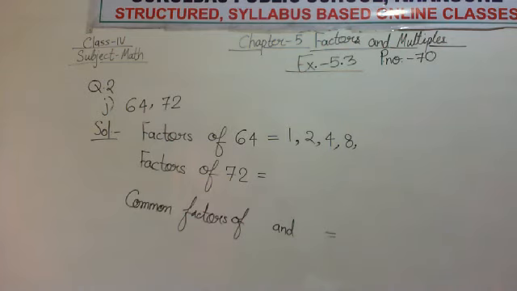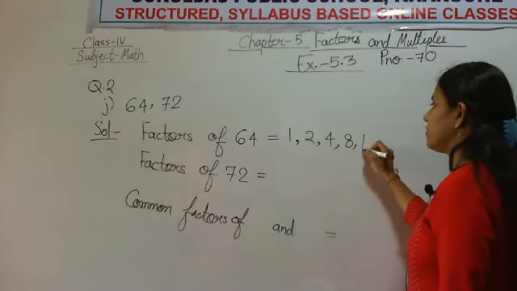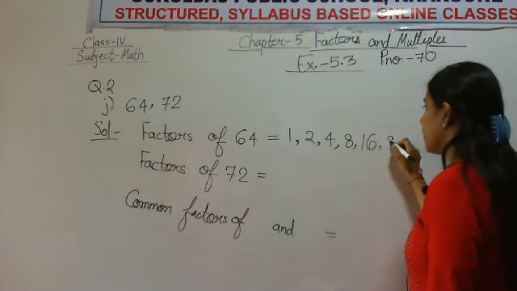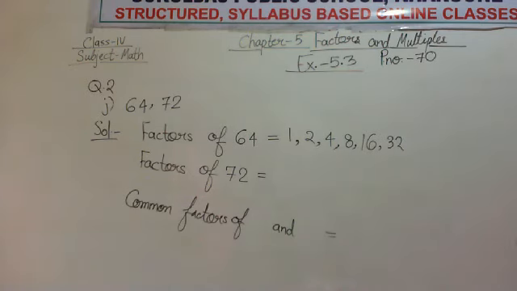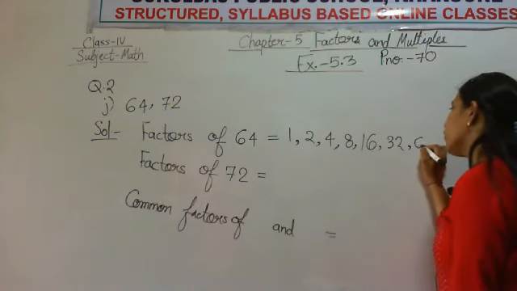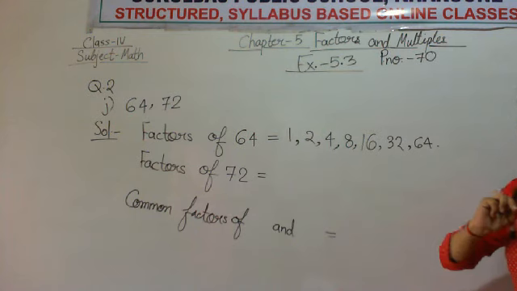By which number is it exactly divisible? Think. Is it divisible by 9? Think about it. I am waiting for your answer. It is exactly divisible by 16 and 32, and one more number is there, that is 64. So these all are the factors for number 64.